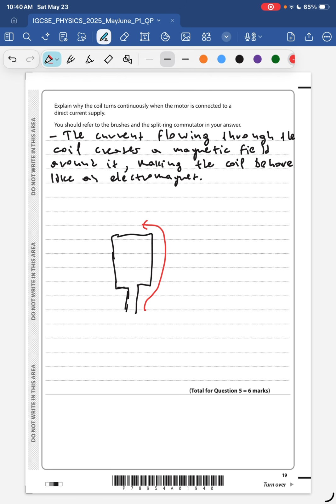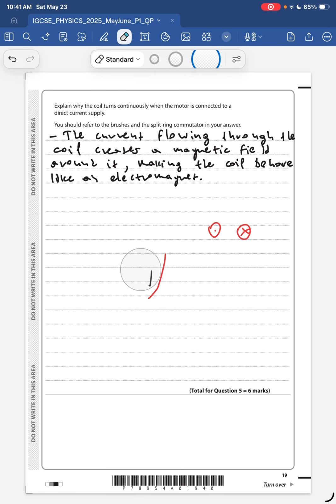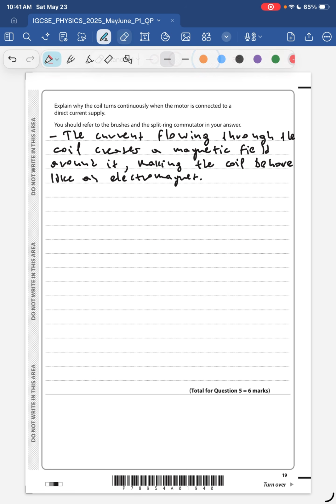So in this scenario, B is going to point outwards. In case you haven't been taught this in school, this means an arrow coming towards you, out of the page, whereas this symbol means an arrow going into the page. So you kind of see the tail of the arrow. So yeah, that's the situation. Let's erase this and move on.